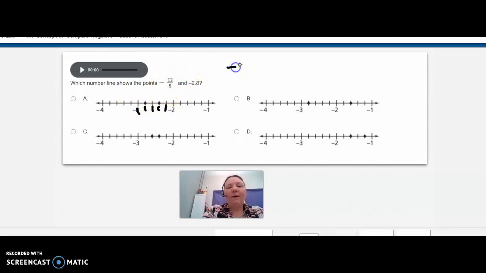So -12/5, that should help me because my denominator is already in fifths. But I want to turn this into a mixed number. 2 times 5 is 10. So I can pull out 2 wholes, and then 12 minus 10 is 2 left over.